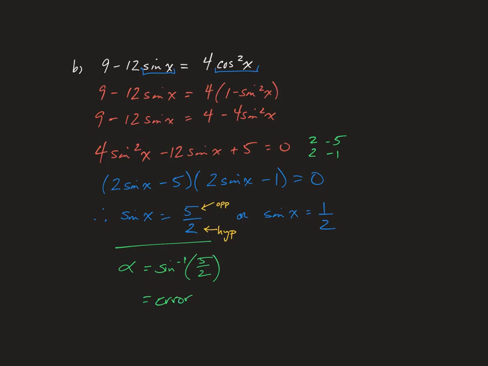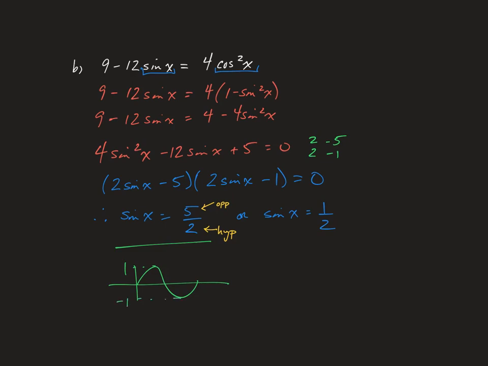On a greater understanding level, remember that when you graph your sine curve, the maximum value of your sine curve is at 1. The minimum value of your sine curve is at -1.